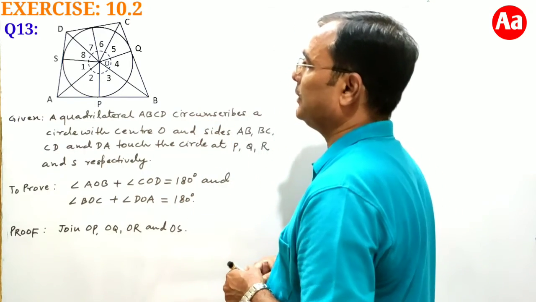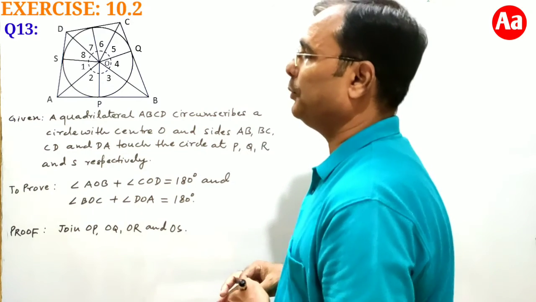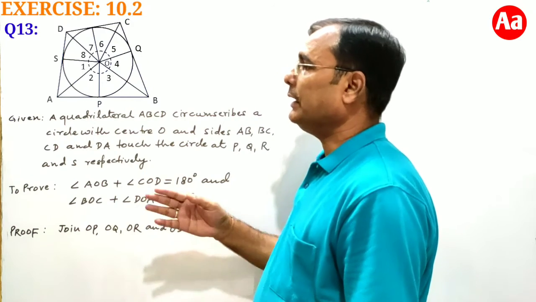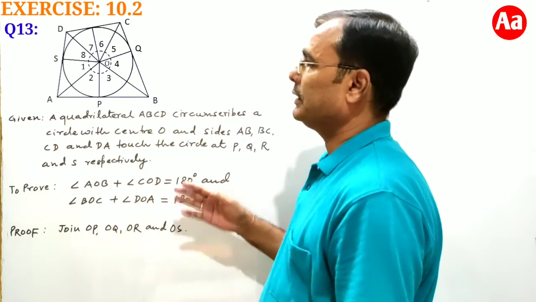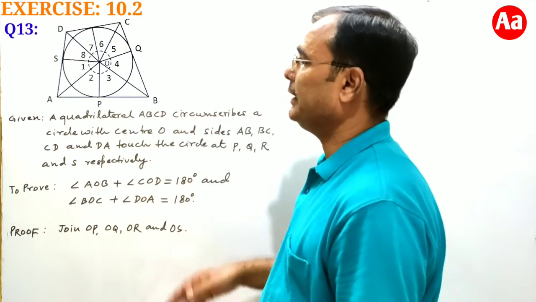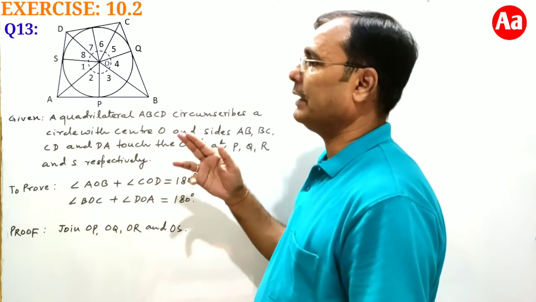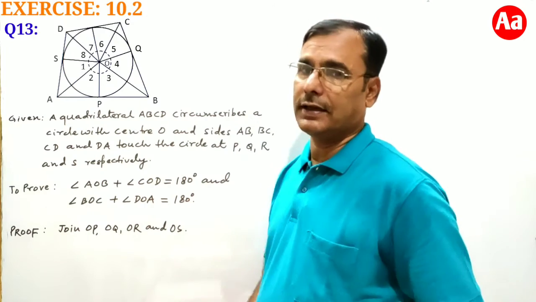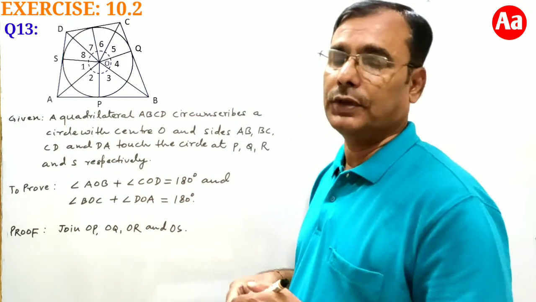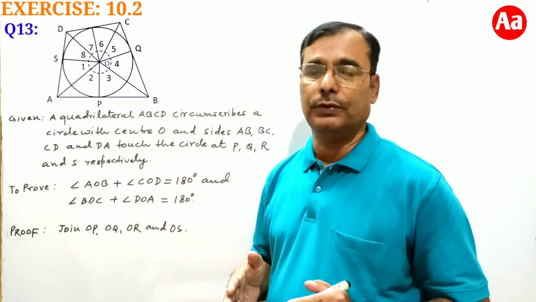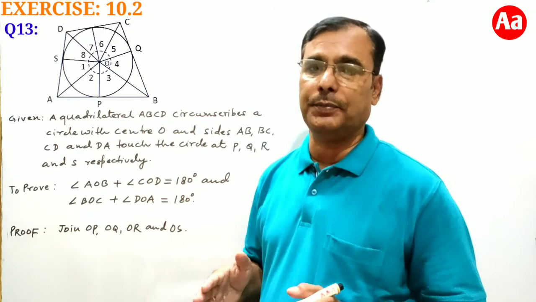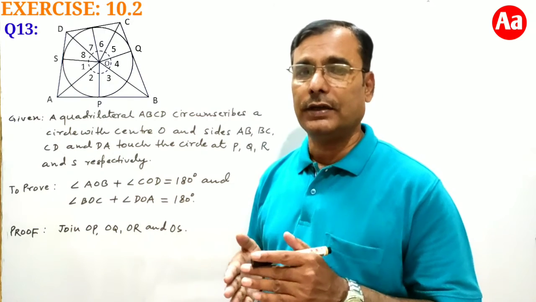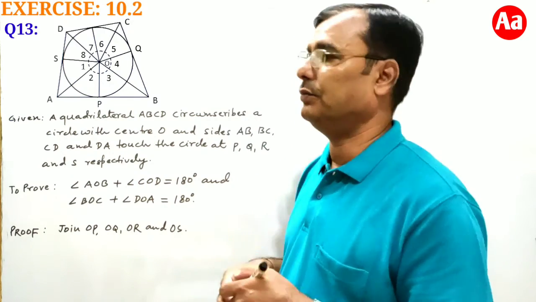OS and OP are radii through the point of contact P and S, so they will be equal. AO will be common to triangle ASO and APO. So in triangle ASO and APO, three corresponding sides are of equal length. Therefore, triangle ASO will be congruent to triangle APO. And so by CPCT, angle 1 is equal to angle 2.